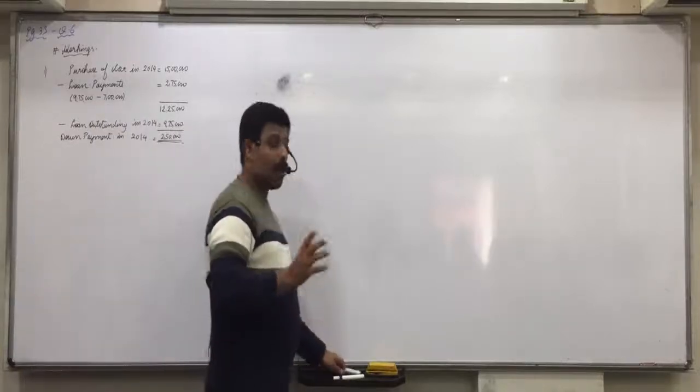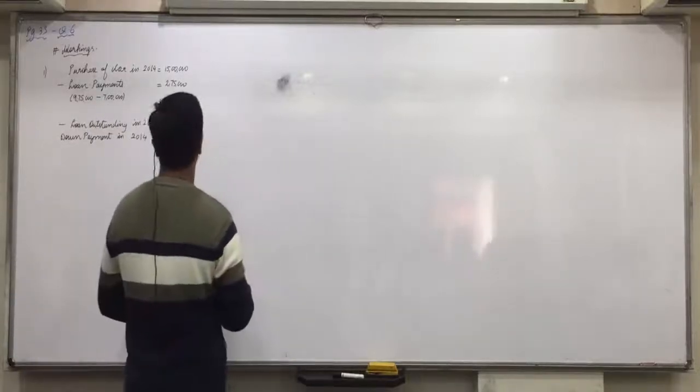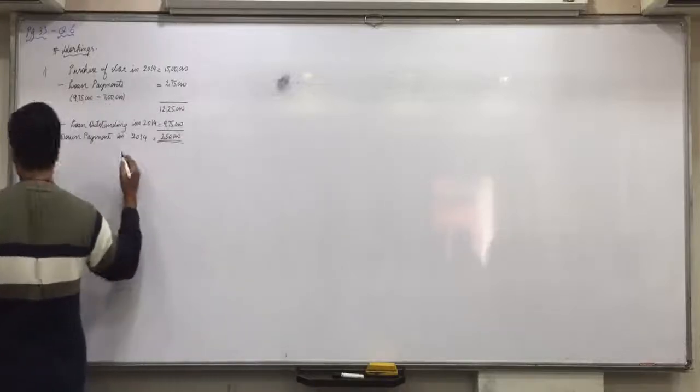So now we'll make it in columnar form income statement for both the years. Anand family.